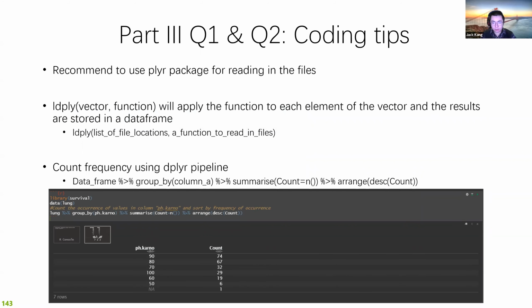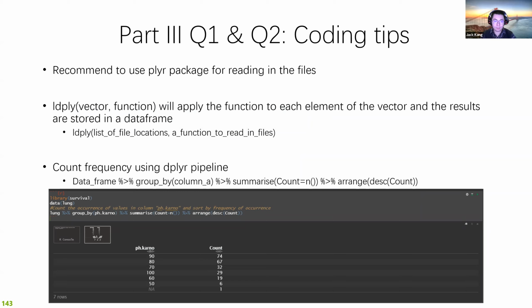And there are some coding tips. You are welcome to use Python if you are familiar with it, but I here recommend you still do it in R and you use the dplyr package for reading in files. Remember, we provide the MAF file for each sample separately.